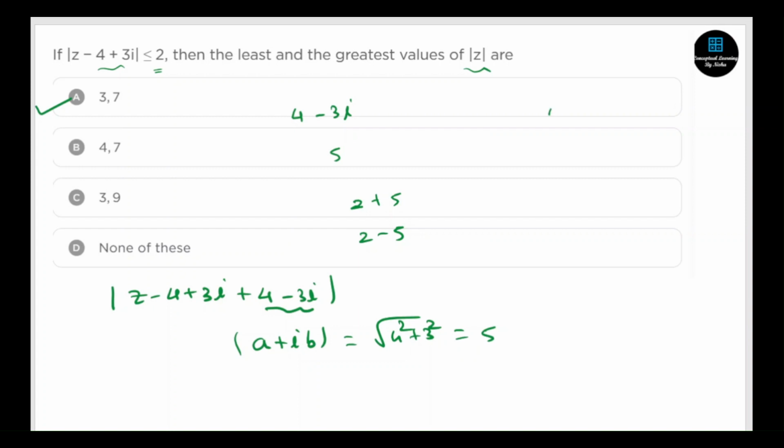So my maximum value is 2 plus something and minimum value is 2 minus something, and I have to take the modulus of this. Correct? So basically this is 5 and this is 5 here. The mod of this I'll get 7 and 3, right? So my answer is 3, 7, the option 1. Correct? Okay.